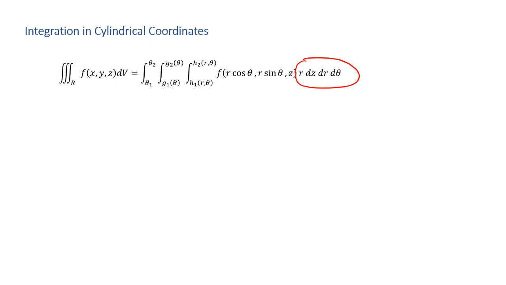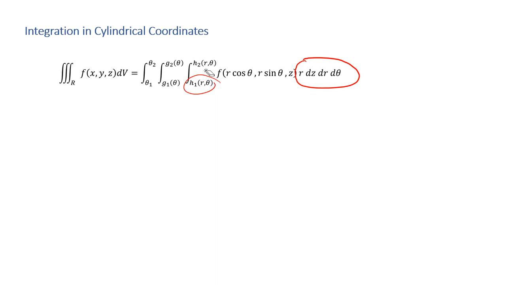Now, I typically do the integration in this order, the dz first, then the dr, then the d theta, although you could do it in any order you want. Of course, the order you integrate in does impact those bounds of integration. If we're integrating with respect to z first, then our bounds of integration for z can have r's and thetas in them.